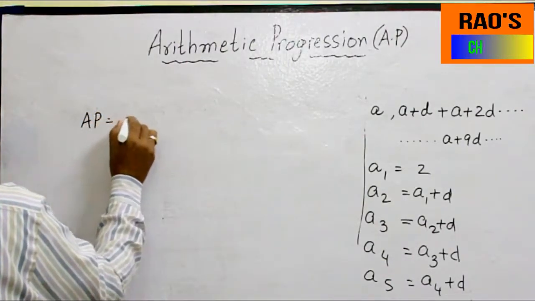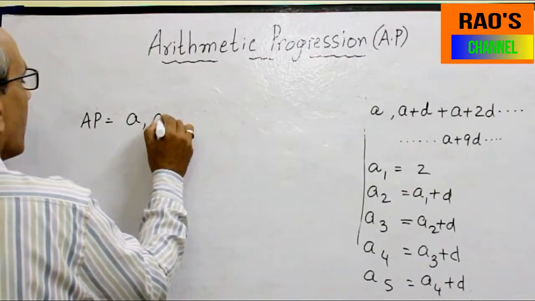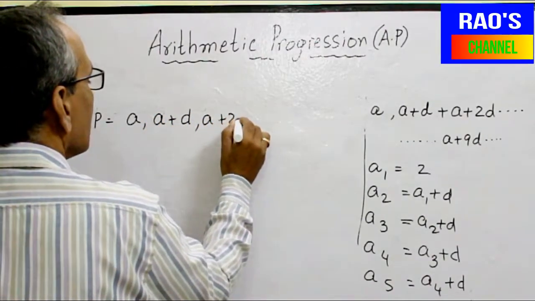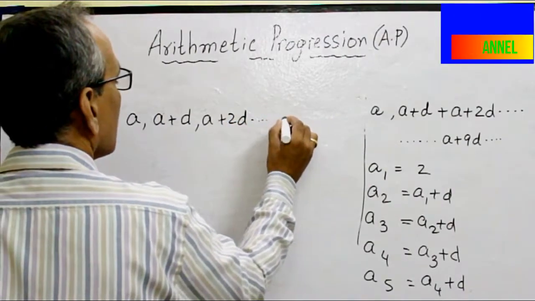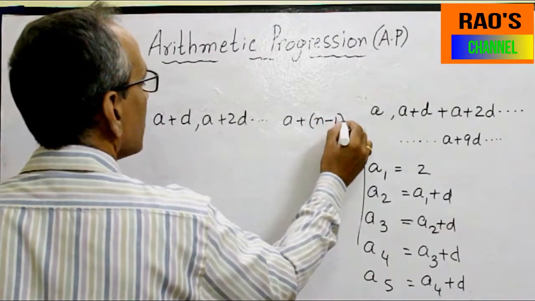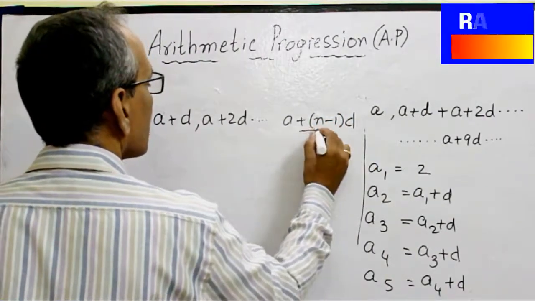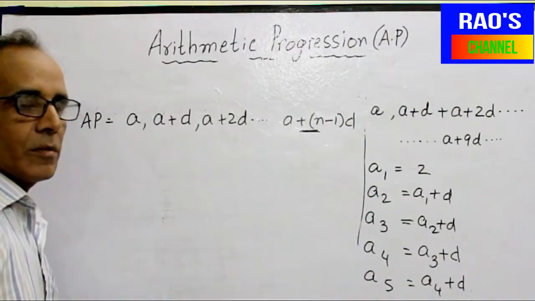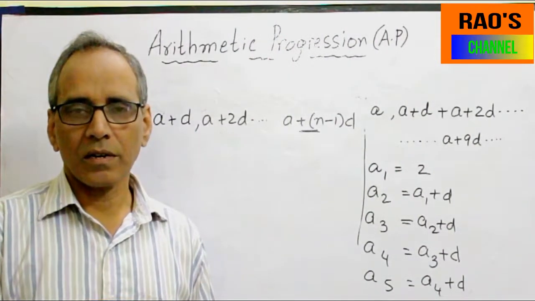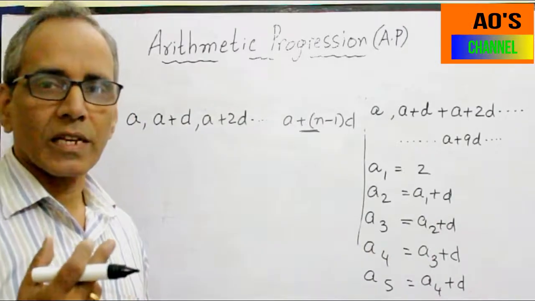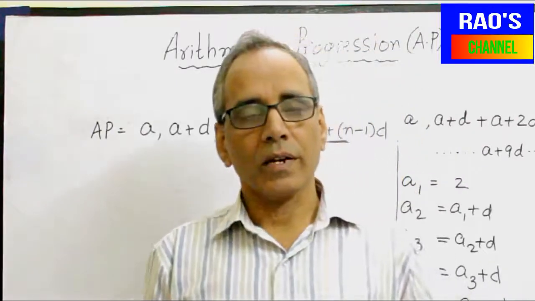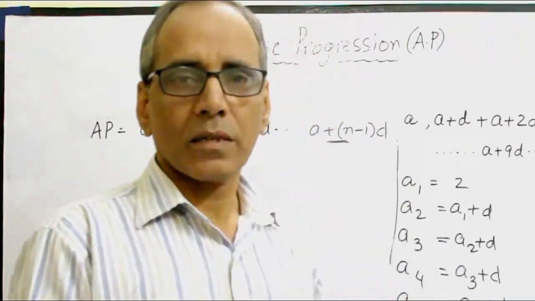So AP is equal to A, A plus D, A plus 2D, till A plus (n minus 1)D, which is the nth term. So by using this series we can find any number, or we can find the required number too in the series. Let's see how. Or we can find whether the series is AP or not.